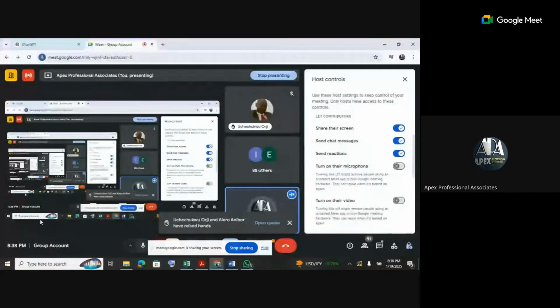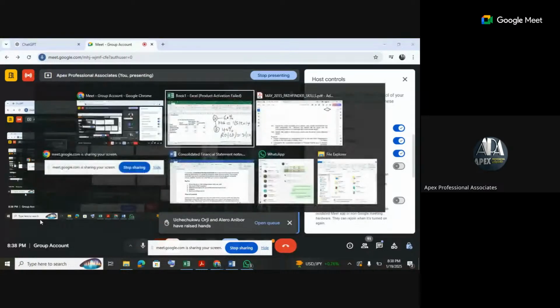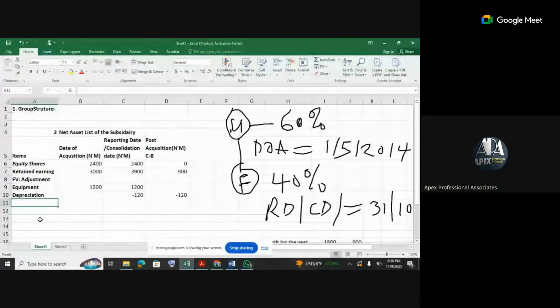But if it is the parent that is selling, you would have to adjust the unrealized profit from the parent's retained earnings calculation. Remember that here on this net asset list, what we are computing is the net asset list of the subsidiary.